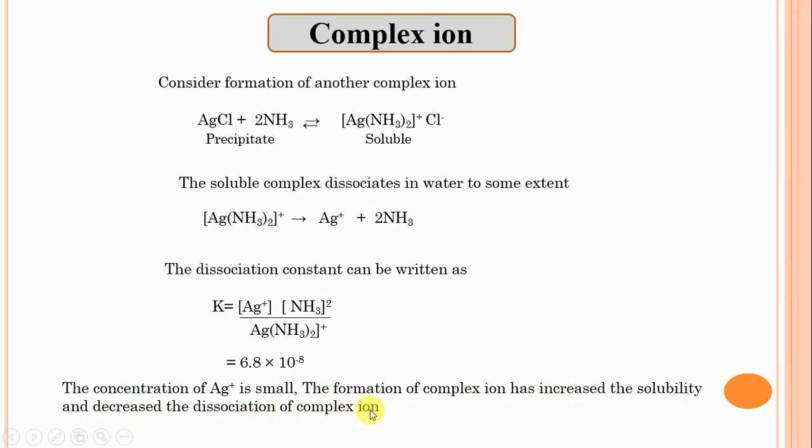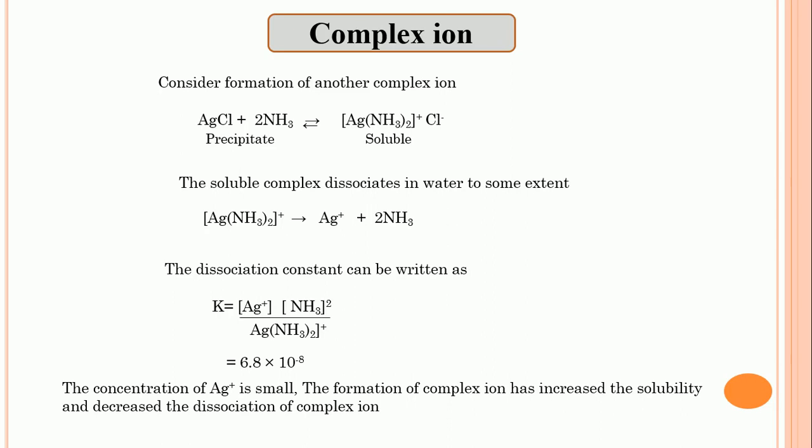So when the complex ion is formed, then that complex ion dissolves into the water and its solubility is increased, and due to the increase in solubility, the dissociation of that complex ion is again decreased. So this is the effect of complex ion.